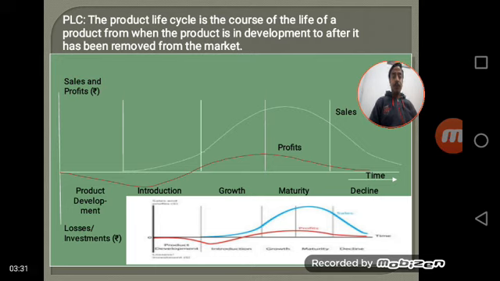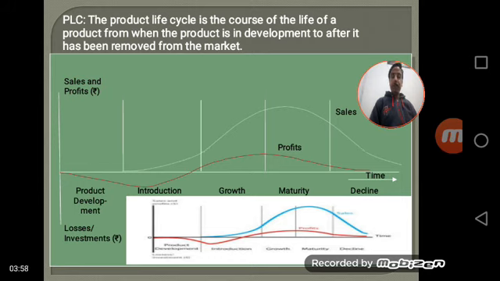When you see product development in this figure, there are two lines: a profit line and a sales line. In product development in this figure, there is no starting point for the sales, and there is a starting point for the profit or loss.